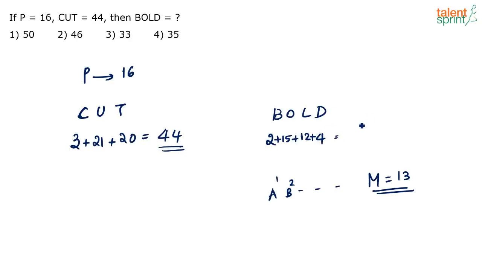So what will be the answer for BOLD? 2 plus 15 plus 12 plus 4, that is equal to 33. That is option 3. Remember the position of a few letters like M is equal to 13, S is equal to 19. If you remember a few positions of letters in between, you decide which letter you want to remember.